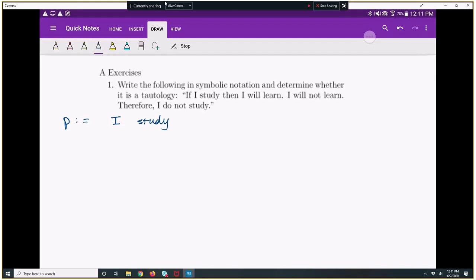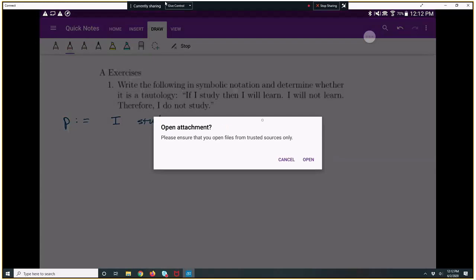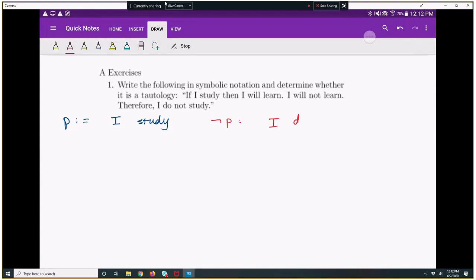Then negation P would be the proposition I do not study. And we'll let Q be the proposition I will learn. And so negation Q, or not Q, will be I will not learn.